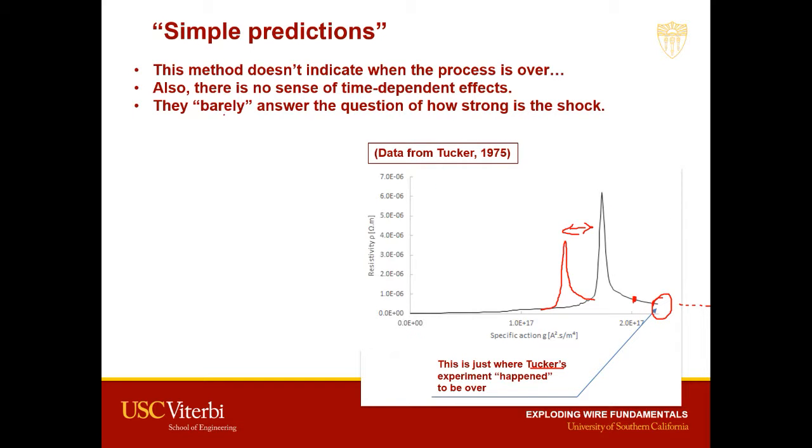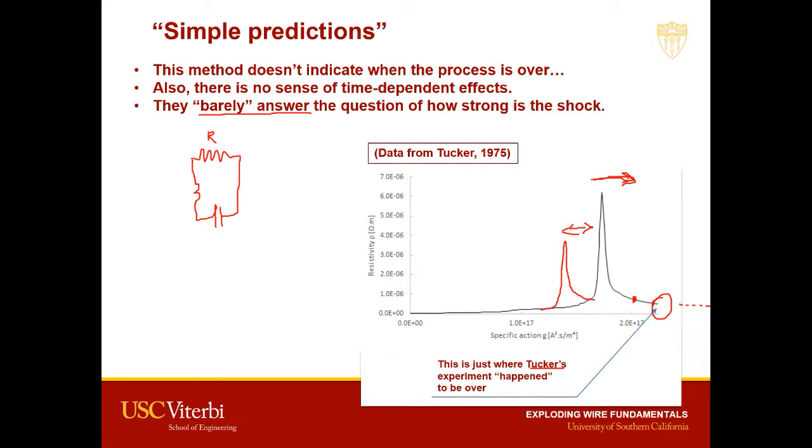And they barely answer the question of how strong is the shock. I'm saying barely because if you run the experiment for long enough, the energy transfer is bound to be 100% of the capacitor's energy, because there is no other sink of energy in this system, right? Because this is just an RLC circuit. So we don't know when R vanishes, which is exactly when the wire explodes, right?